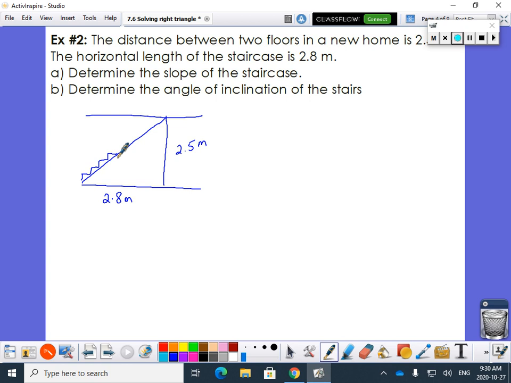Now, the first question says, and now what angle is this here? What do we know that that is? Good, thank you. Now the first question says determine the slope of the staircase. So this is actually very straightforward. We don't have to overthink it. What do we know slope also represents? When you were graphing, in order to get the slope, what formula would you use?